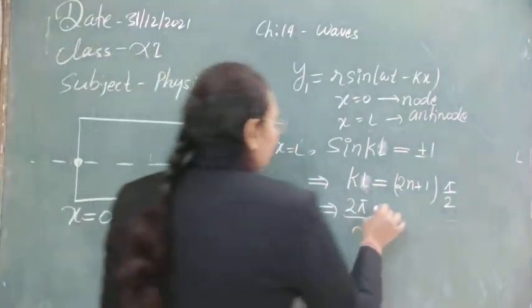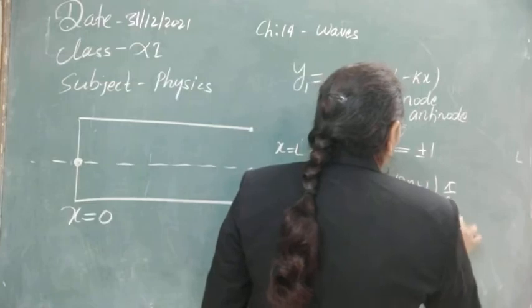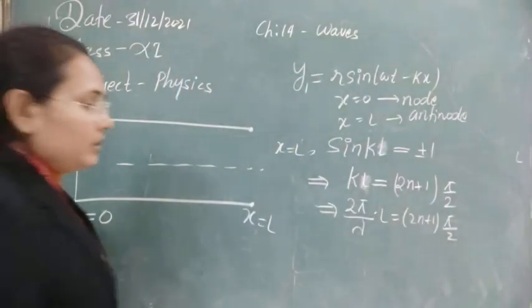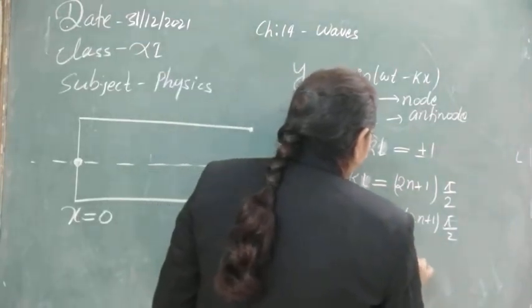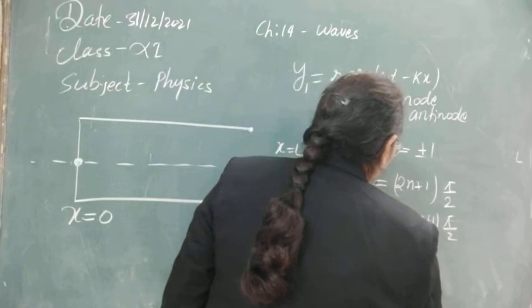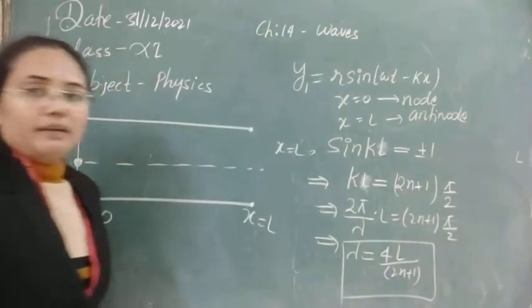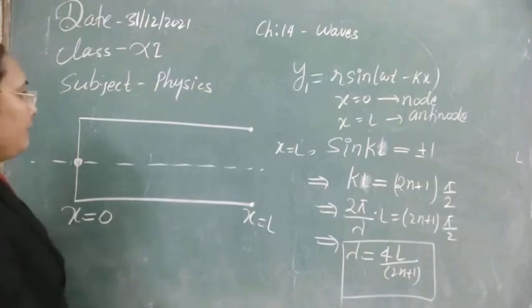So 2 pi by lambda into L is equal to (2n plus 1) into pi by 2. Finally, if you cancel pi, we can find the value of lambda. This value of lambda will be 4L upon (2n plus 1). So this is the wavelength produced in an open organ pipe that we have got now.